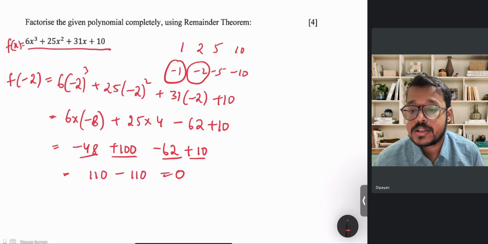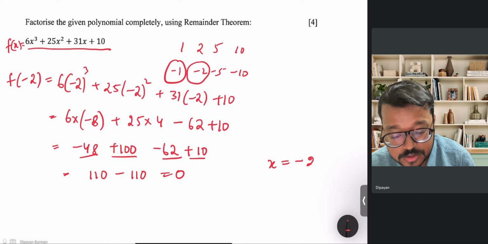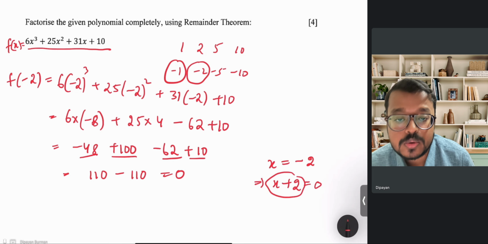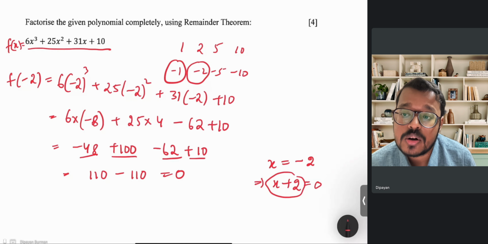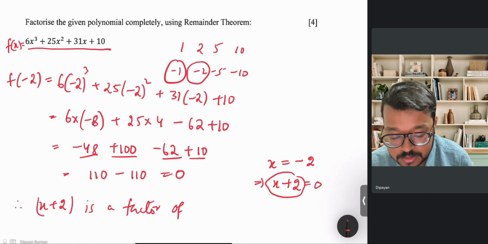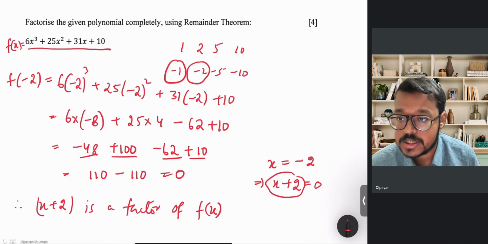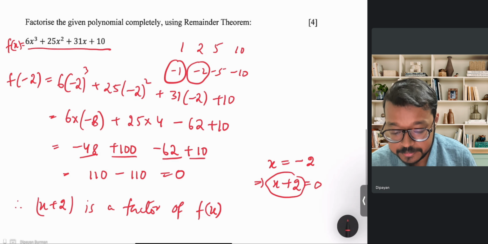So if f of minus 2 is equal to 0, I have substituted x equal to minus 2. That means x plus 2 equals 0. So x plus 2 is a factor of the cubic polynomial. So I will say therefore x plus 2 is a factor of the cubic polynomial f(x). Now after I know this, I can do my long division.